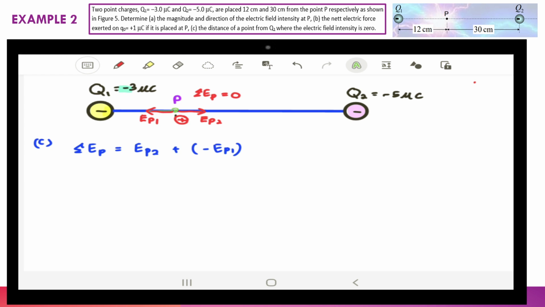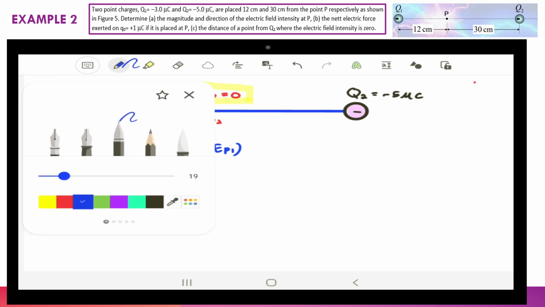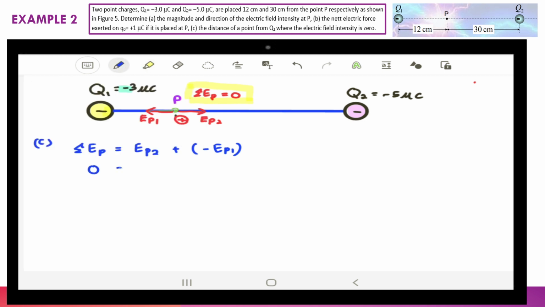The condition given by the question is the total EP is equal to 0. So EP is 0 and it's equal to EP2 minus EP1. Therefore, EP2 equals EP1. So EP2 is KQ2 over R2 squared equal to KQ1 over R1 squared.